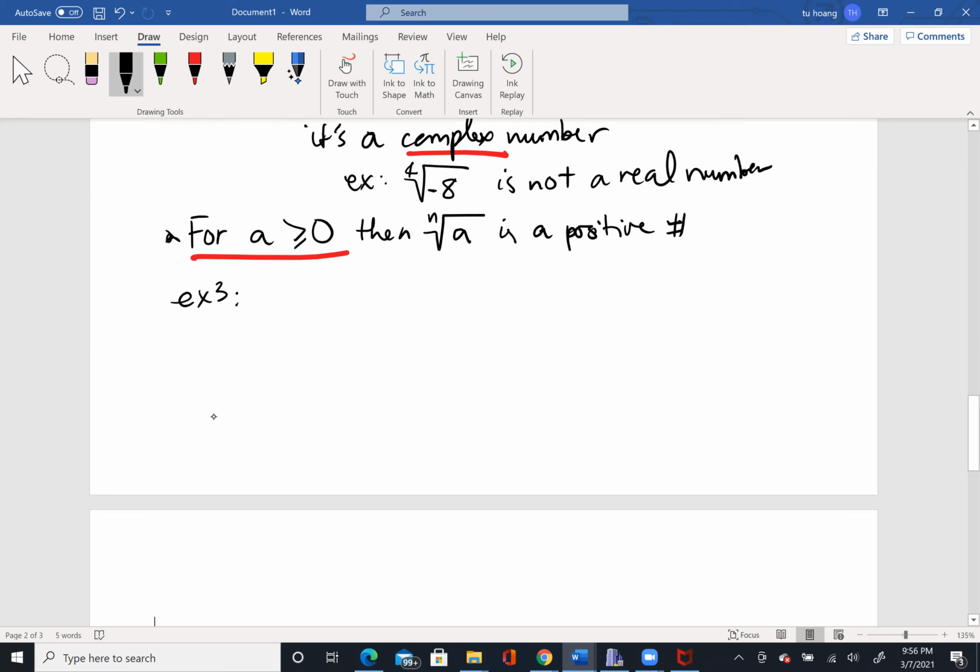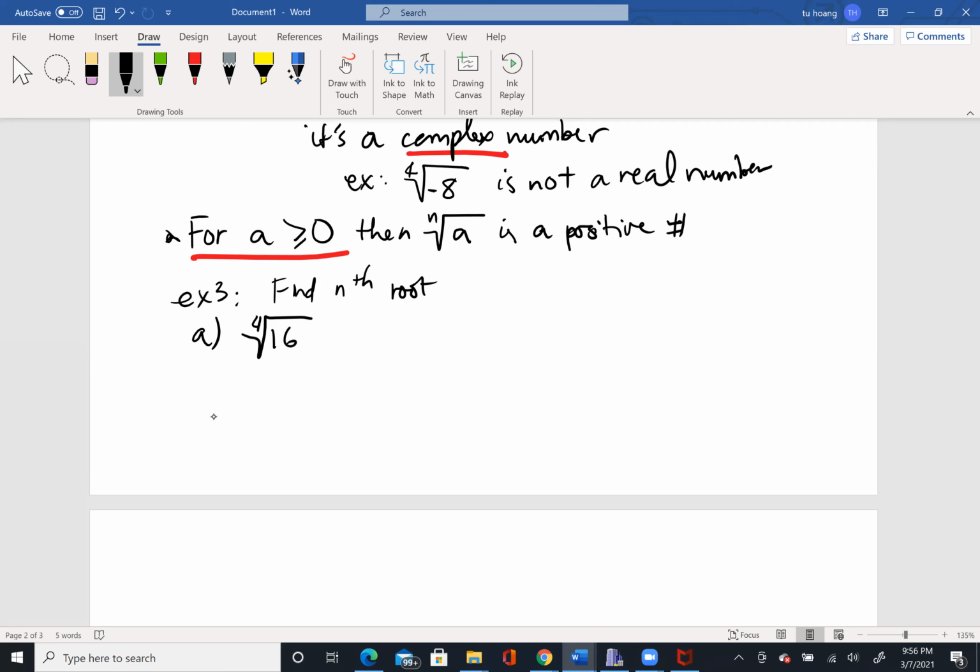Find the nth root. I want to find the fourth root of 16. How can I find this root?